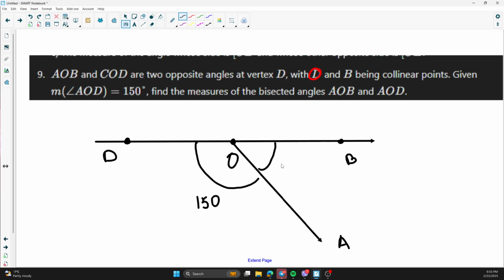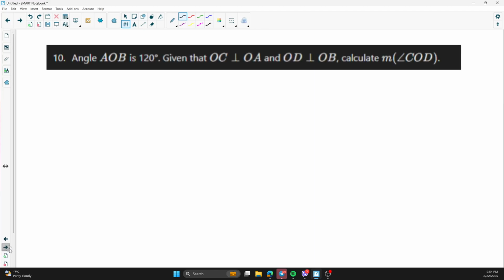Yeah, it's going to be 30. Find the measure of the bisected angles AOB and AOD. The bisected of 150 would be 75. Yeah, so here it's going to be 75 and here it will be 15. Right. Let's try this one.